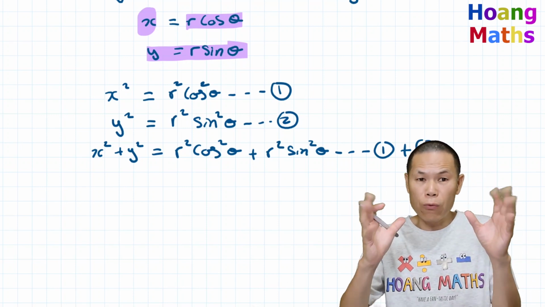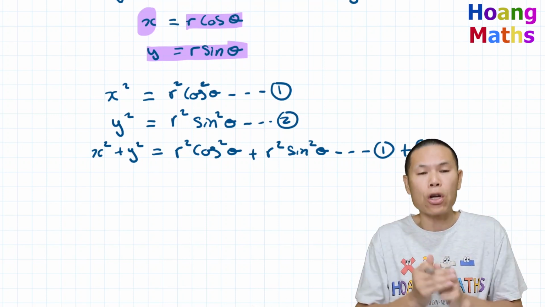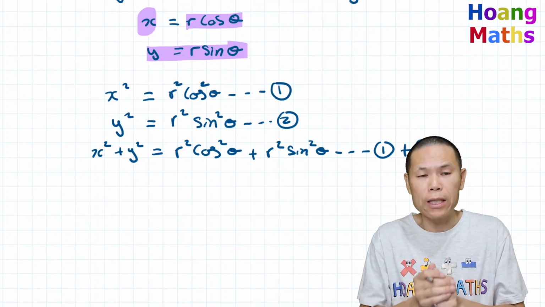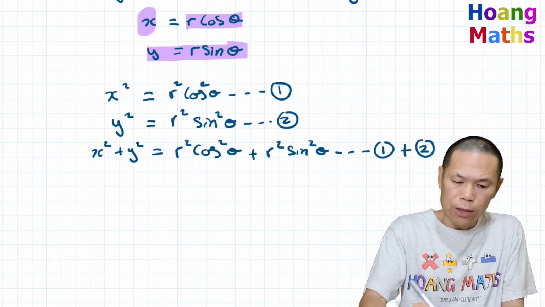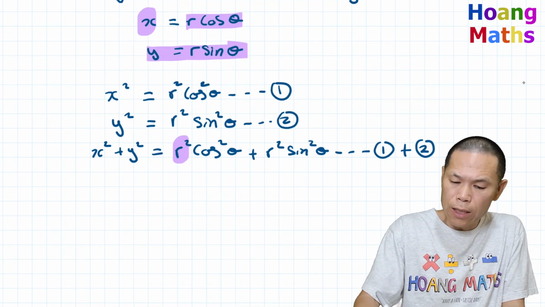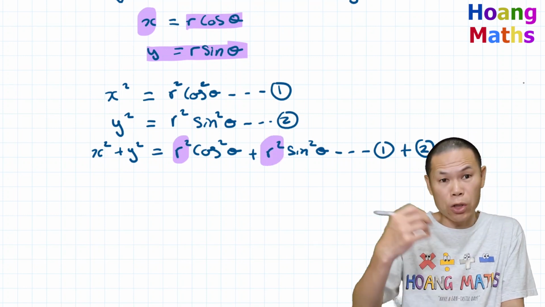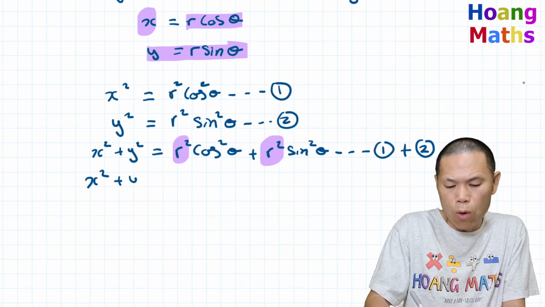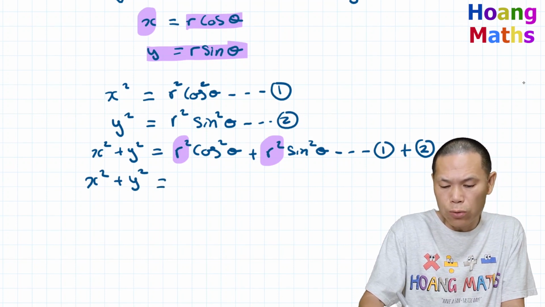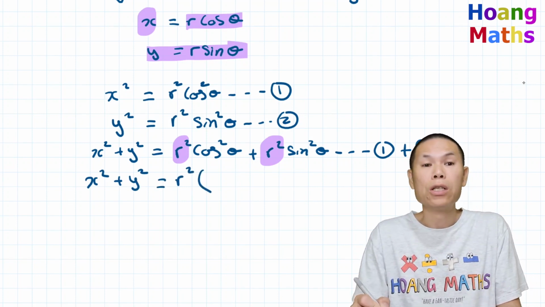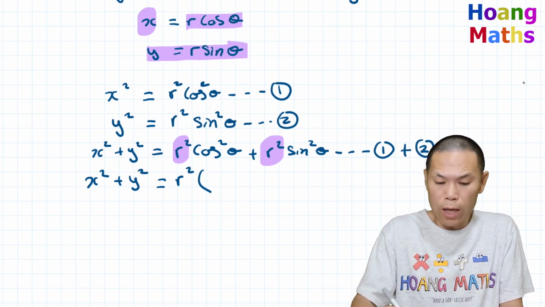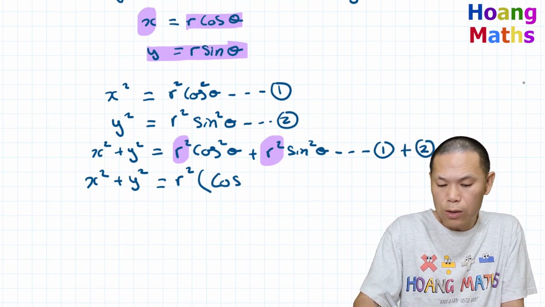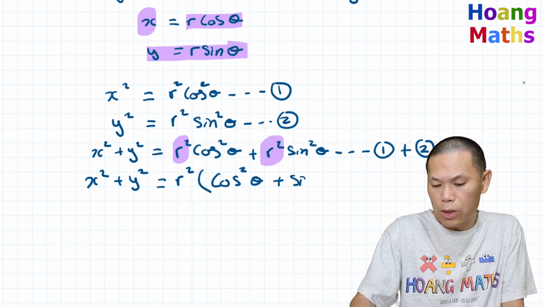Okay. Now on the right hand side, if I take out the common factor, which is r squared, I write x squared plus y squared is equal to r squared times cos squared theta plus sine squared theta.